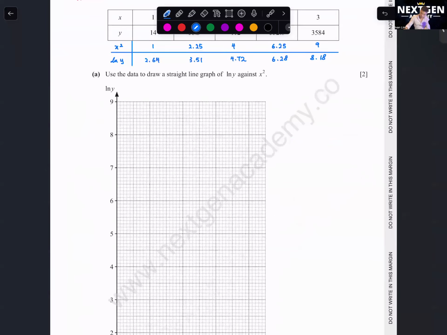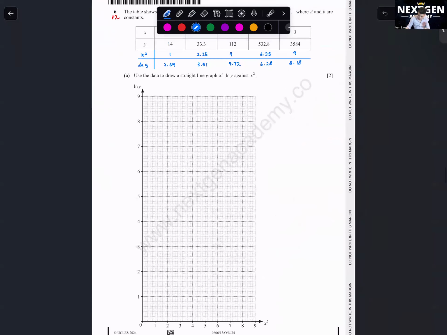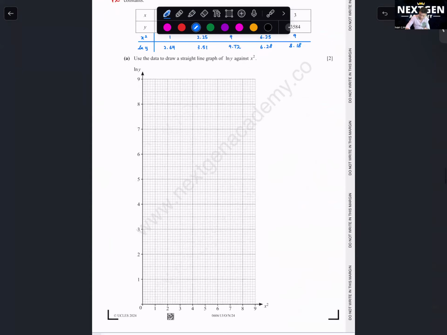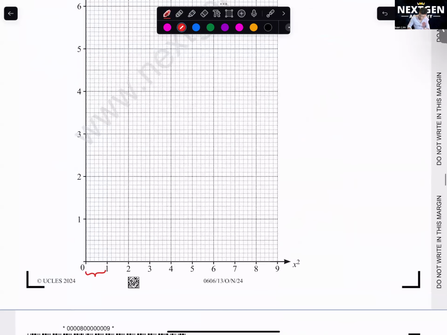All right, now let's plot it out over here. Let's see what the scale is over here. This one is 1. 5 boxes is 1. This is what I normally would write first, so you determine the scale first. 5 boxes equals 1, 1 box equals 0.2. If you want to do 1 decimal place also can.